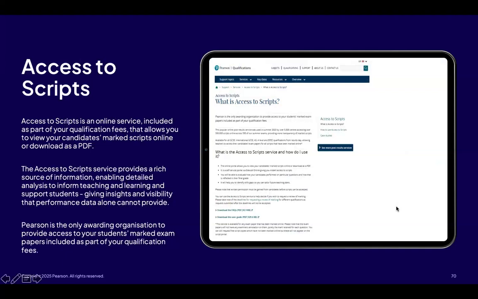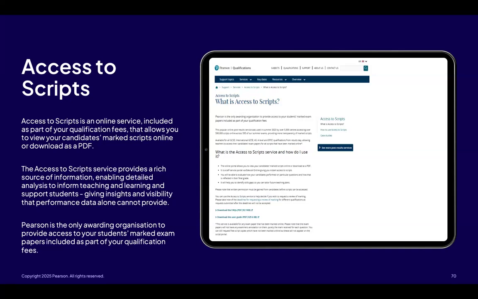You can have access to scripts. I think you know and I know that one of the best resources we can have are those previous scripts. I've used some examples of student work today that hopefully you will be using in your own centre with your own students. And it's just a great resource, isn't it? It is.